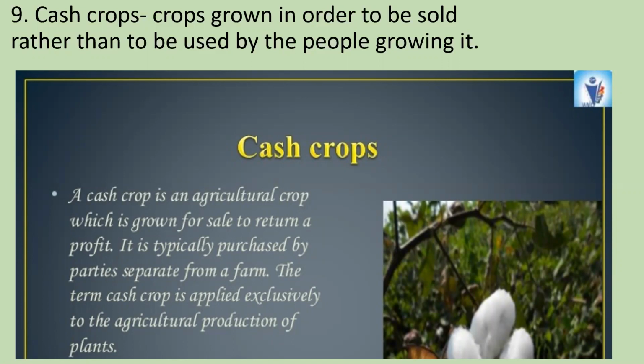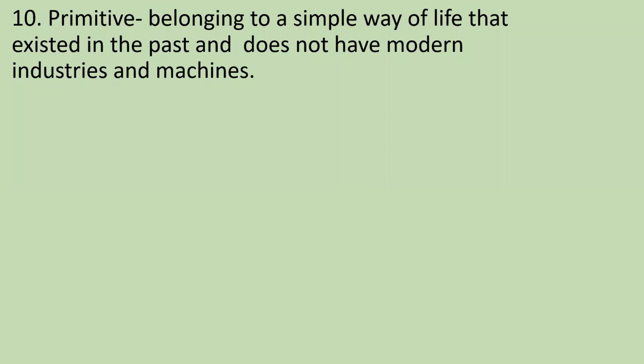After some time, when these plants start growing different vegetables, what will your mother do? She will use these vegetables for her personal use rather than selling them in the market. So that becomes a food crop. But when farmers grow crops in their farm in order to sell them in the market to earn profit or to earn money, we call them cash crops.